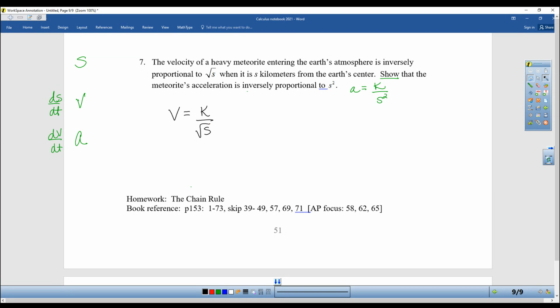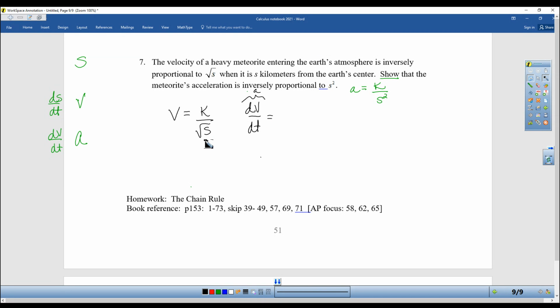Inversely proportional means that as one goes up, the other goes down. When it is s kilometers from the Earth's center. I want to know the derivative of velocity with respect to time because I want to know the acceleration.